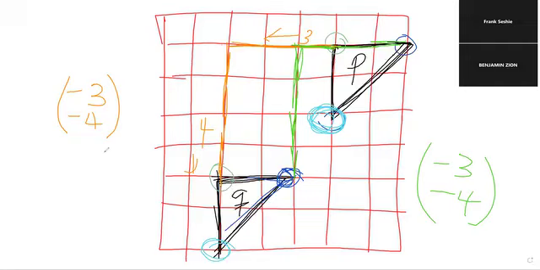Then let's do the other one to the blue one too and see how it goes. 1, 2, 3 left, and downwards, 1, 2, 3, 4. So it's still also negative 3, negative 4. So the translation vector is negative 3, negative 4 because it's the same across the board.